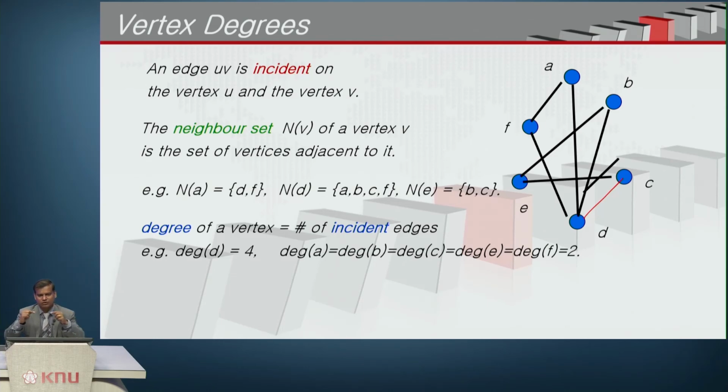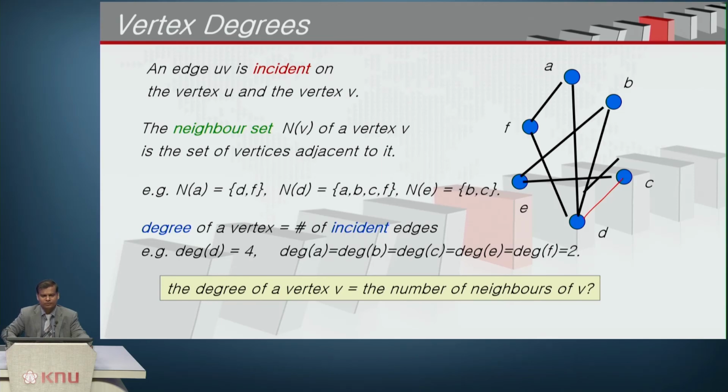It is the number of edges that hit the vertex. For example, vertex D here has been hit by 4 edges.